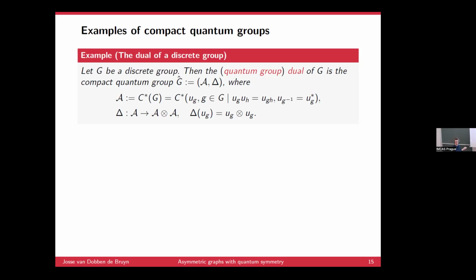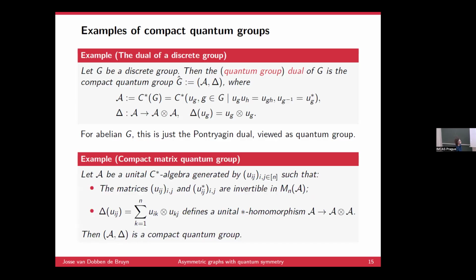If you've seen a group algebra, this is like a C-star algebra completion of the group algebra. And the co-multiplication is this kind of diagonal looking map: you send U_g to U_g tensor U_g. If G is abelian, then this is just the Pontryagin dual of G, but viewed as a quantum group now. So this is extending Pontryagin duality to non-abelian groups.